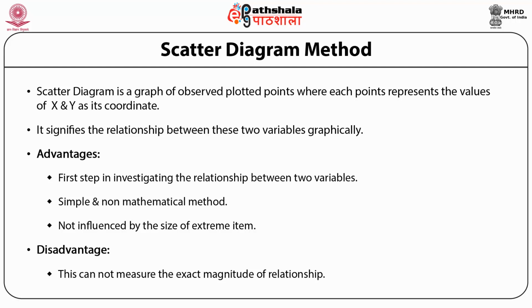Now, if we talk about the merits of this method, obviously it is a very simple method to get a preliminary idea about the relationship between both the variables. As far as the demerit or disadvantage of this method is concerned, obviously it cannot measure the exact magnitude of the relationship between both the variables.